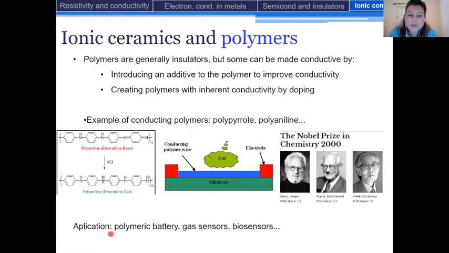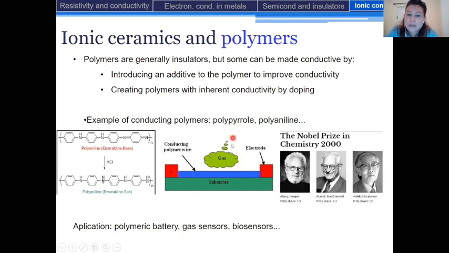The applications for these conductive polymers are polymeric batteries, but also gas sensors, biosensors, and so on. Here you have a very simple scheme of a gas sensor. This polymer wire is conducting. It is made of one of these polymers or a blend of this polymer and another polymer.